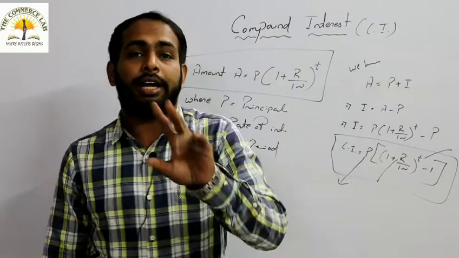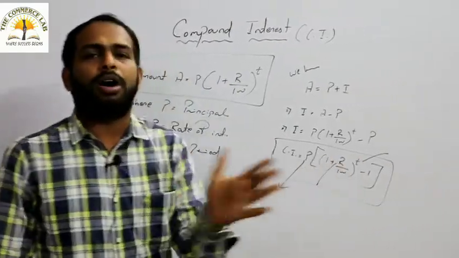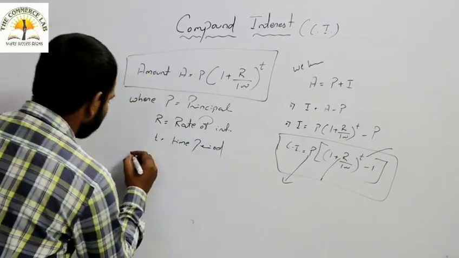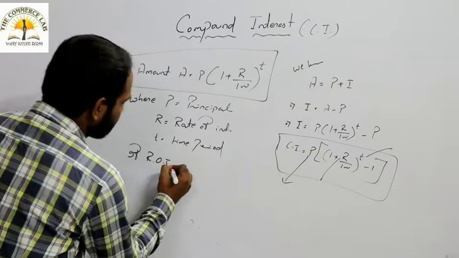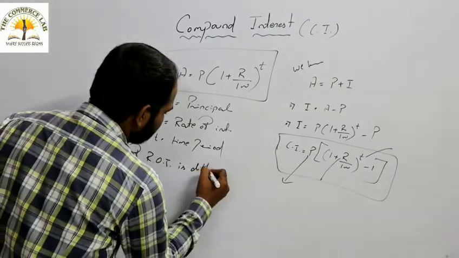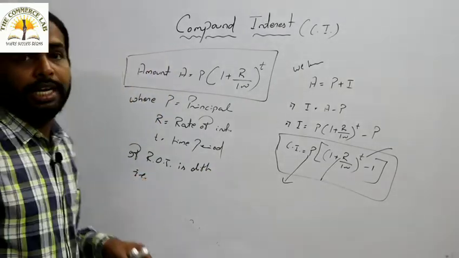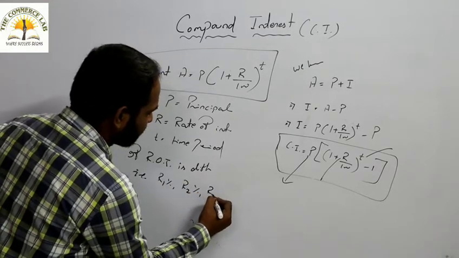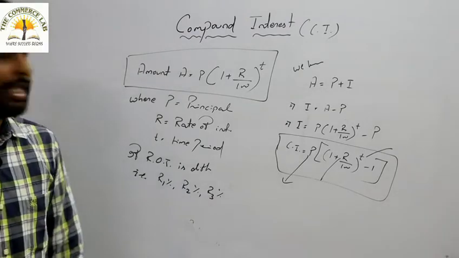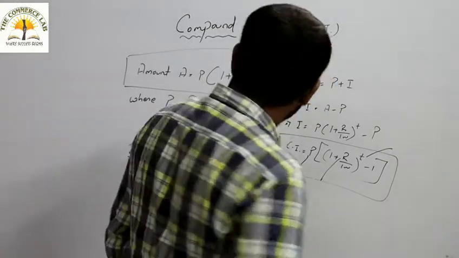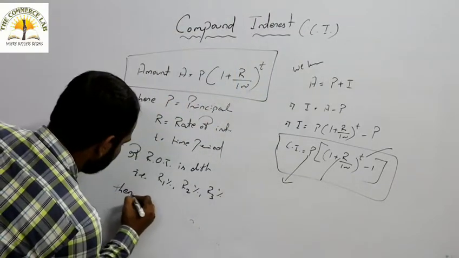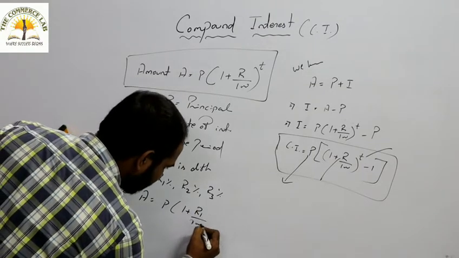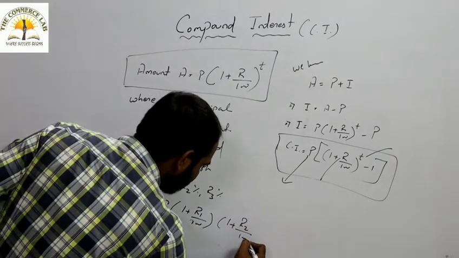Here, one thing: the rate of interest is common for all the periods. If the rate of interest is different, that means for the first year the rate of interest is R1 percent, for the second year R2 percent, for the third year R3 percent, then amount A equal to P into 1 plus R1 by 100, 1 plus R2 by 100 and so on.